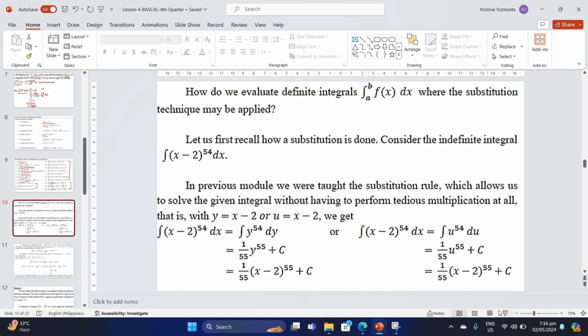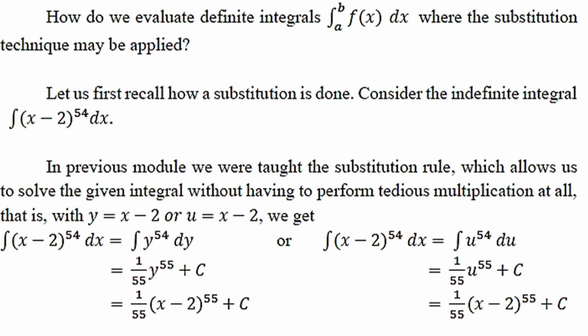Okay, we will use the substitution already. I will not push you to do this if you are confused. It's fine if you will use our solution before. It is also fine if you will use the substitution.